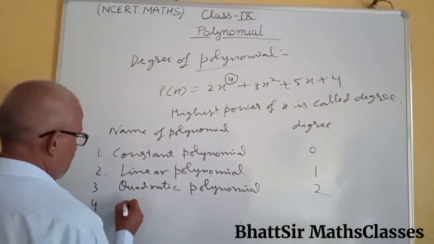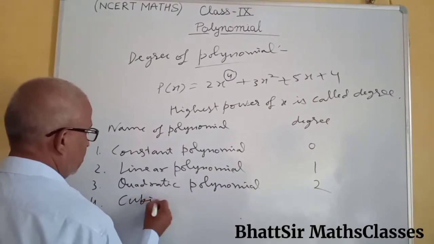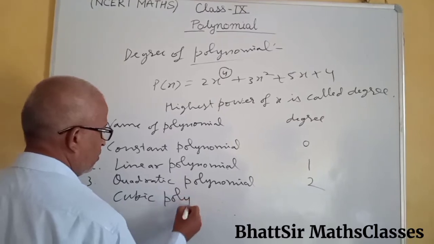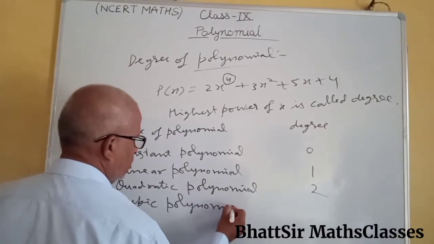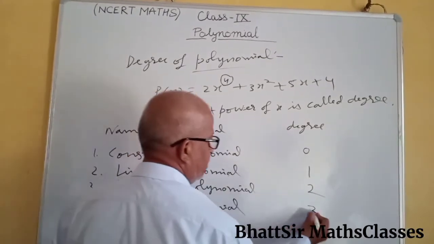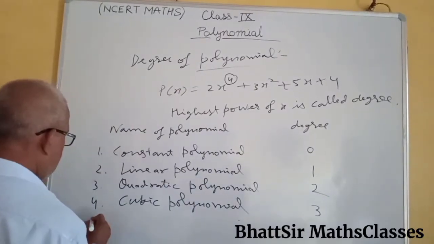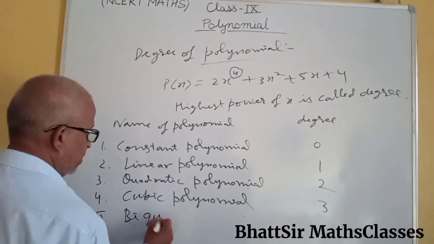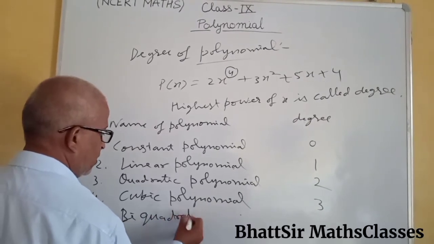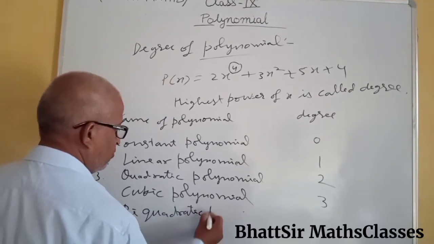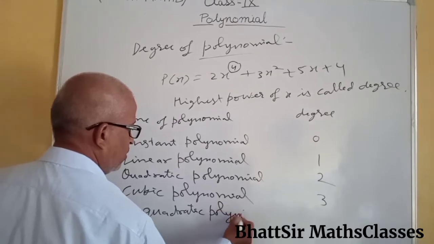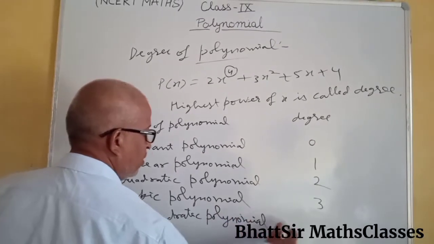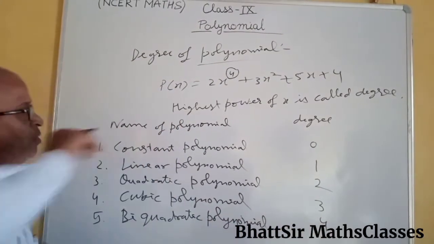Number 4, cubic polynomial, degree 3. Number 5, biquadratic polynomial, degree 4.